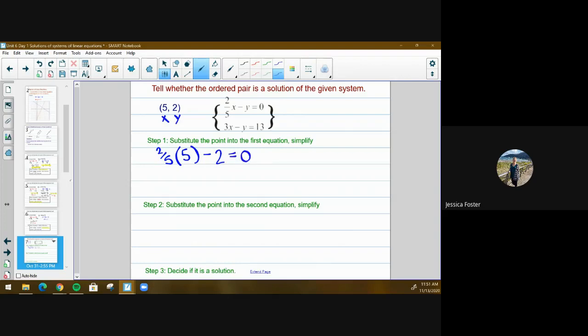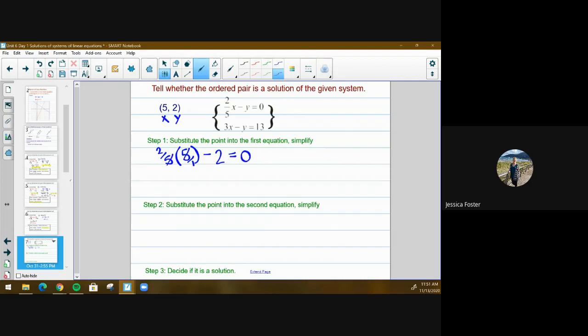Well, 2/5 times 5, we can think of this as 5/1. There are two ways you can think about multiplying fractions. You can multiply straight across, so 2 times 5 and 5 times 1. Or I can see that if I have 5 in both the numerator and the denominator, they cancel out, as 5 divided by 5 is 1.